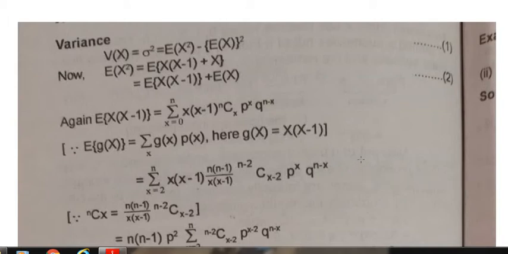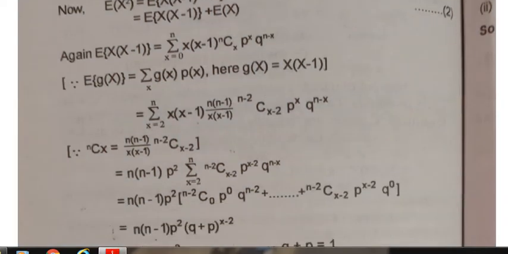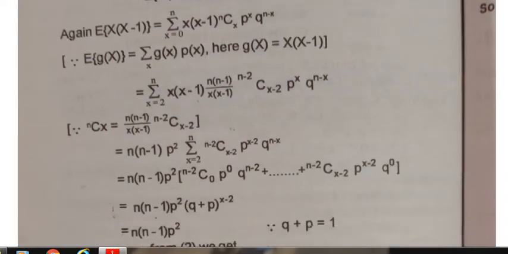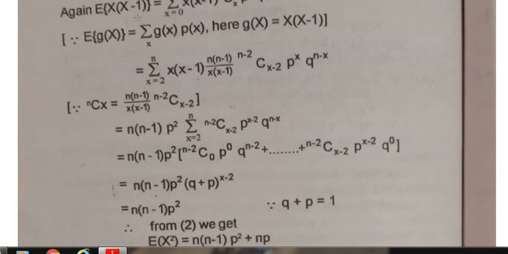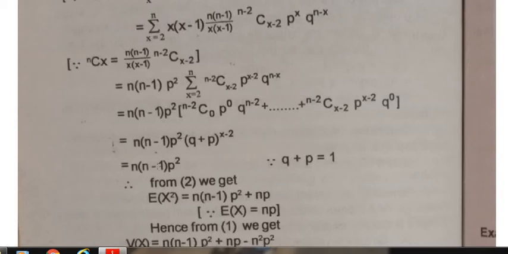And this is the derivation. After simplification, we get expectation of X into X minus 1. This will be n into n minus 1 into p square. We simplify this, and at last we get expectation of X into X minus 1 equals n into n minus 1 into p square.